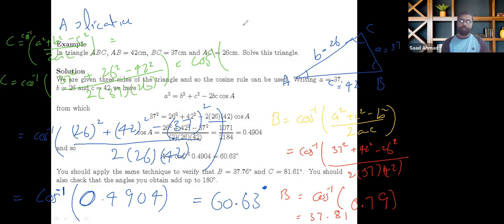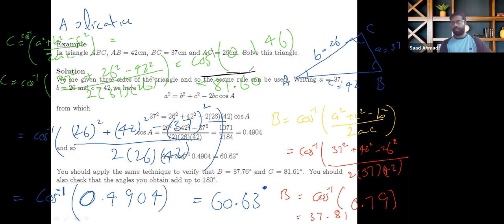Okay, I get it approximately 0.146. Any of you got this answer? So that gives us approximately 81.60. Okay, so we got three angles. We got the three angles that we were looking for.